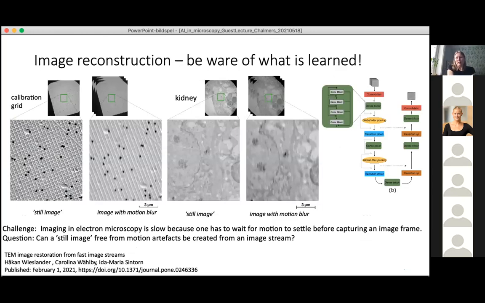I think one of the final things that I wanted to bring up is some of the drawbacks with deep learning. I showed you before that with the zebrafish, we thought that we were building a system that could detect the bending of the zebrafish tail, but instead the network actually found the change in the head of the fish.